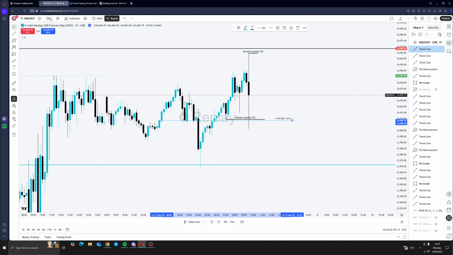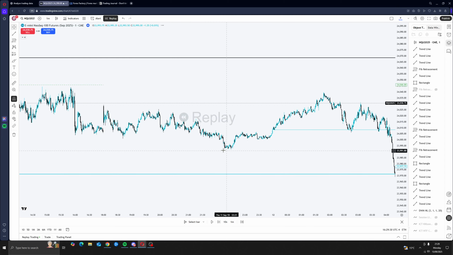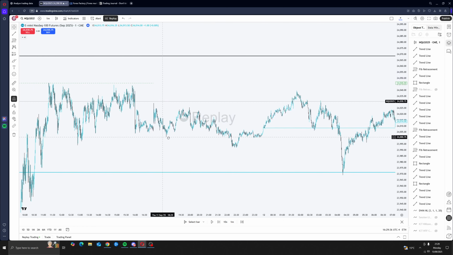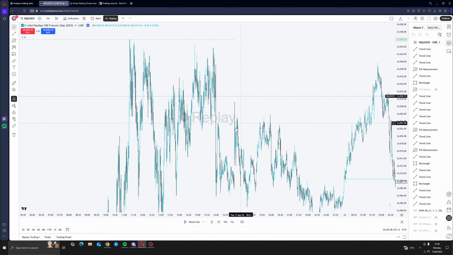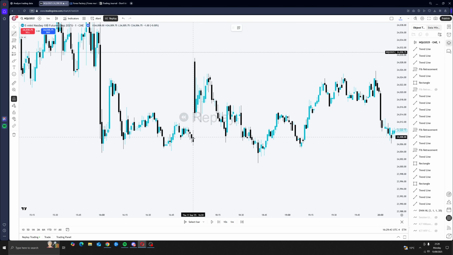Midnight open, and then at the 1 minute, we need to check where's the new daily opening gap, which is right here. For internal PD arrays, this is the close, yep, and this is the open.